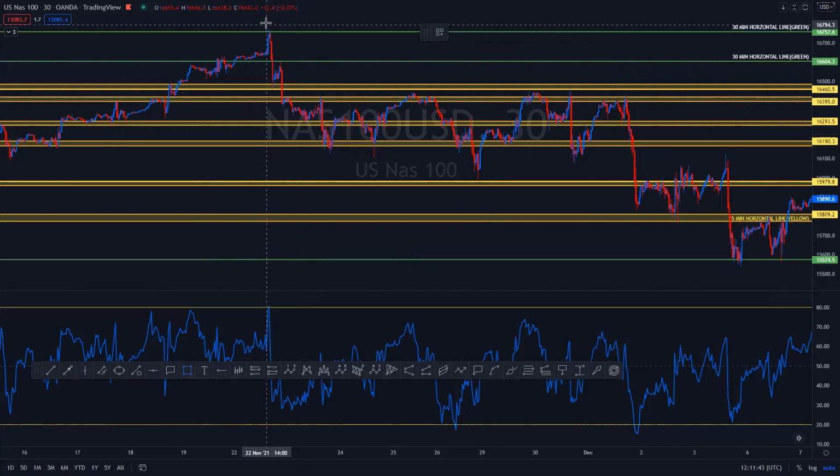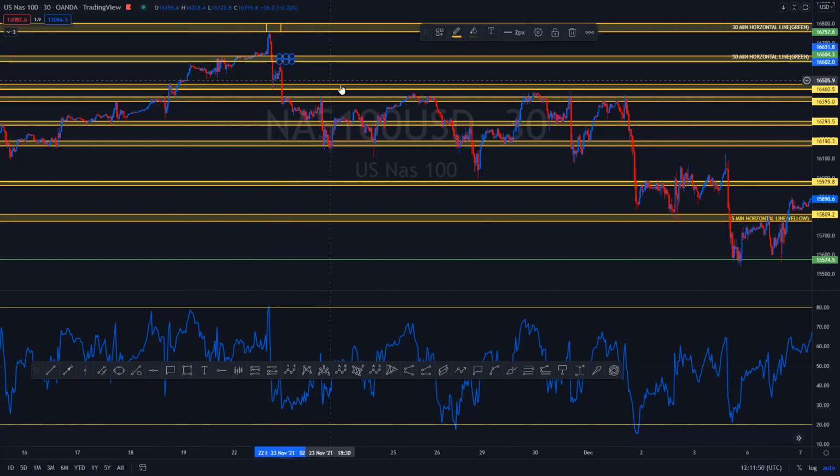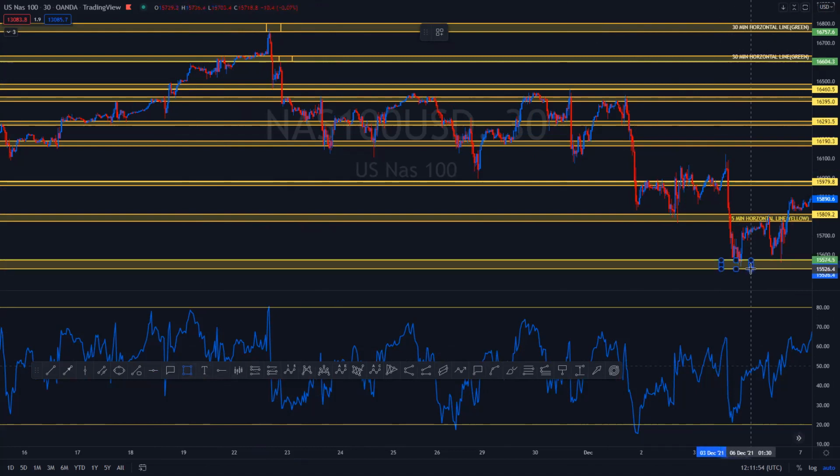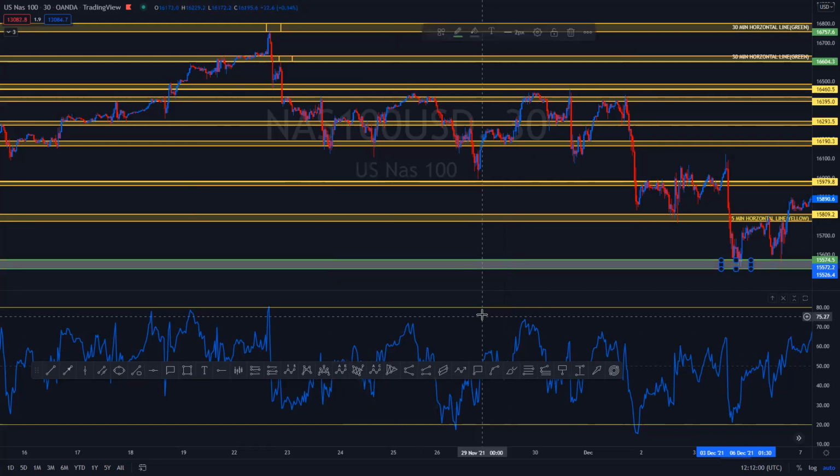So now I'm going to go ahead and draw. Then I want to change these to green. That way they represent the 30-minute zones.